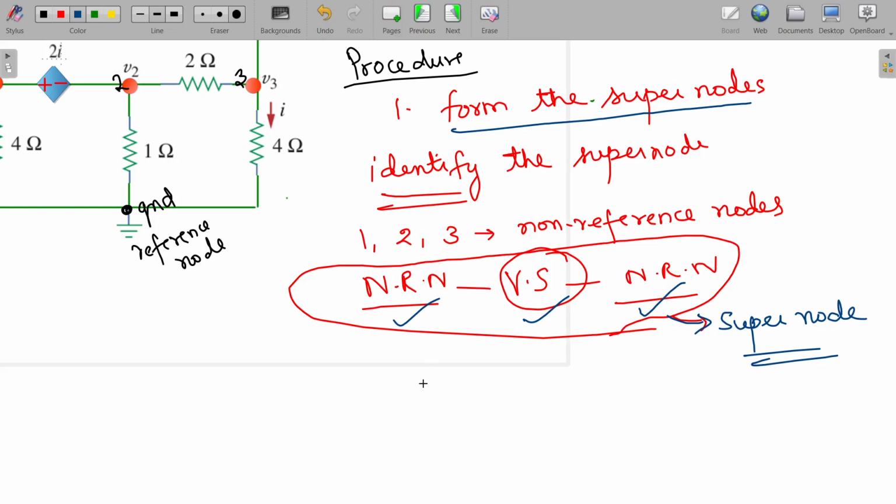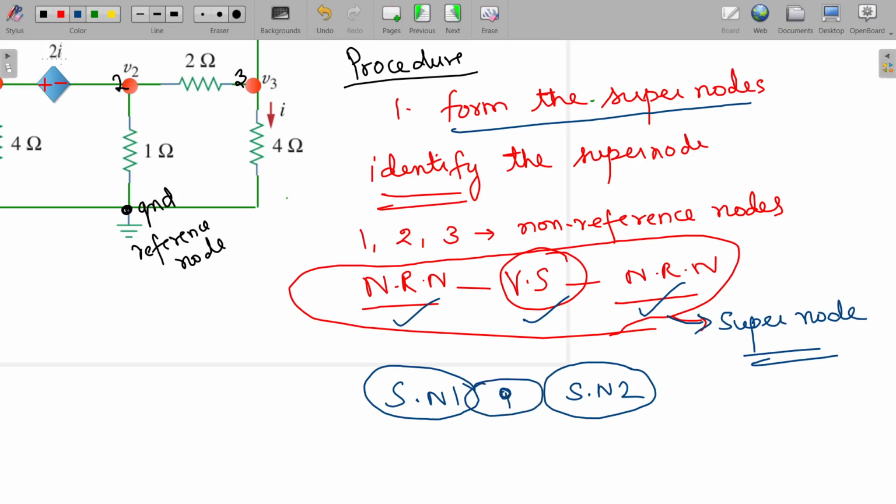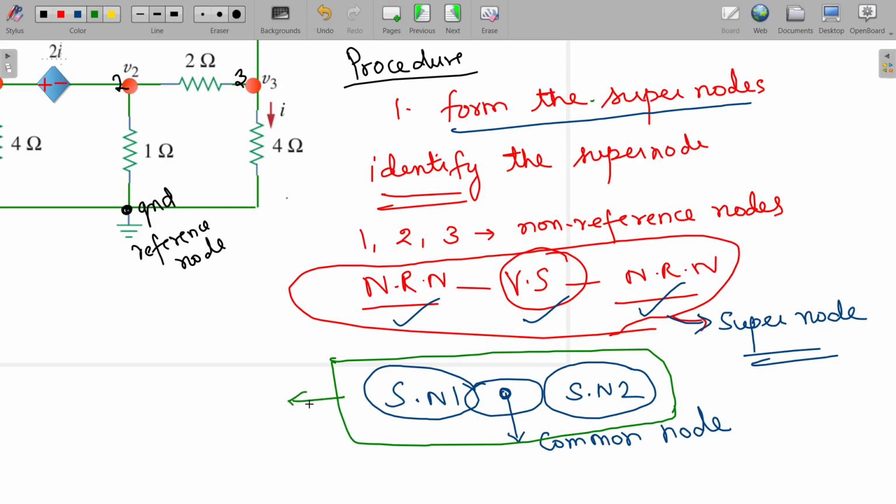What are they? If you have supernode number 1 and supernode number 2, one supernode and another supernode, and they have a common point, that is a common node. In that case, you can combine these together and call it a supernode. This is the first procedure, the simple supernode.